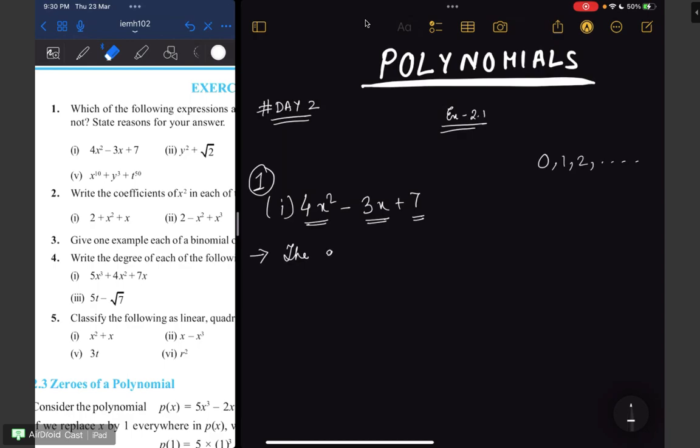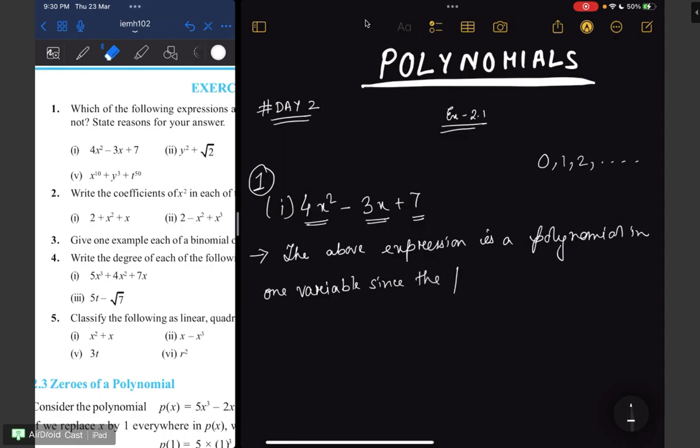The above expression is a polynomial in one variable since the power of the variable, what is the name of the variable here?